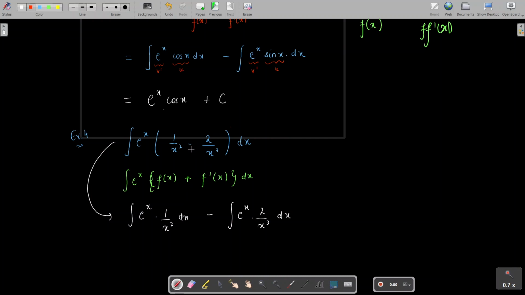This is a plus sign and here is a minus sign. So this is actually e to the power x times 1 over x square plus negative of 2 over x cube.